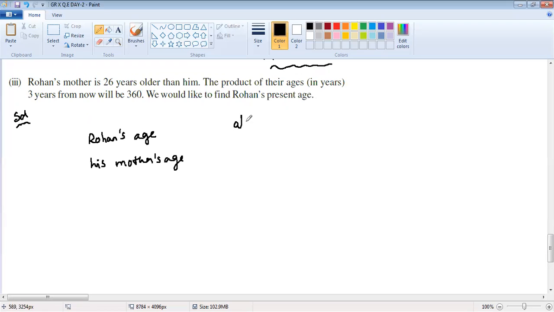At present and future. At present, Rohan's mother is 26 years older than him. Let Rohan's age be x years. Mother's age will be 26 plus x, or x plus 26, whatever it is.